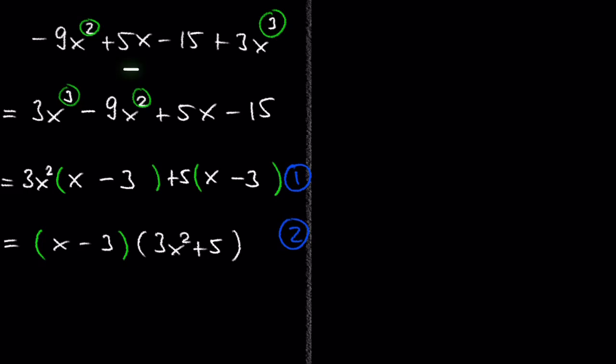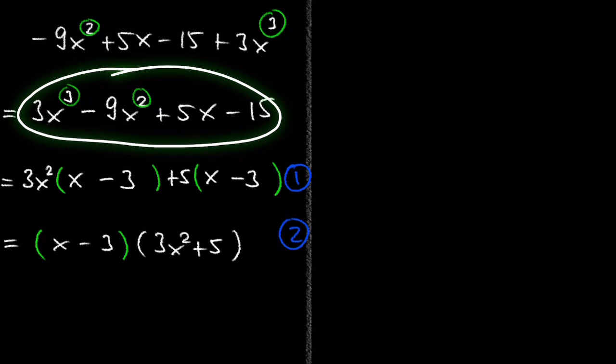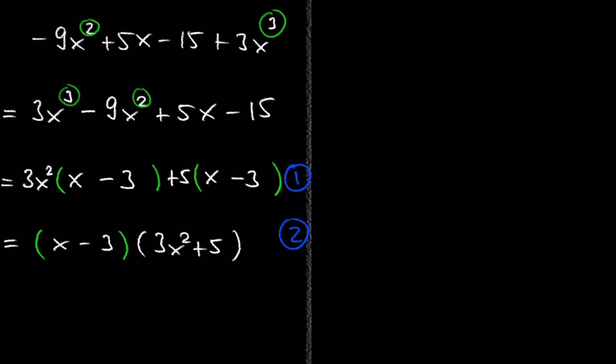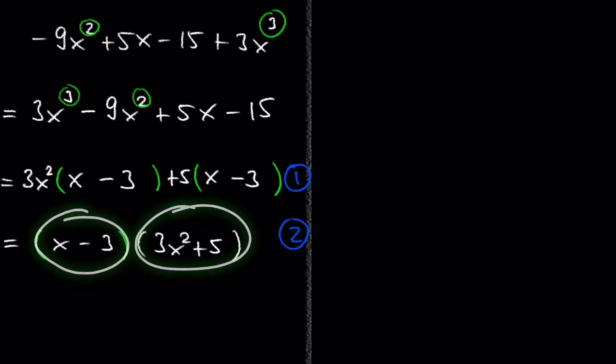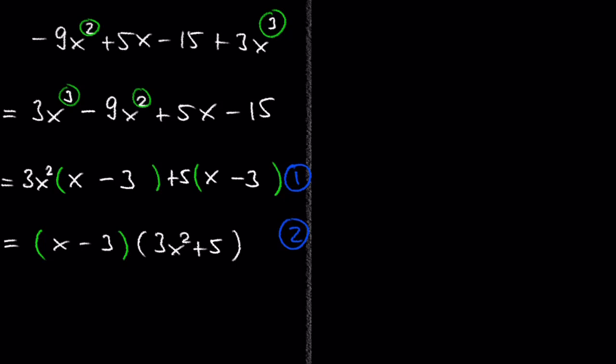So the factors of 3x cubed minus 9x squared plus 5x minus 15 are x minus 3 and 3x squared plus 5. And we factored a third degree polynomial by grouping.